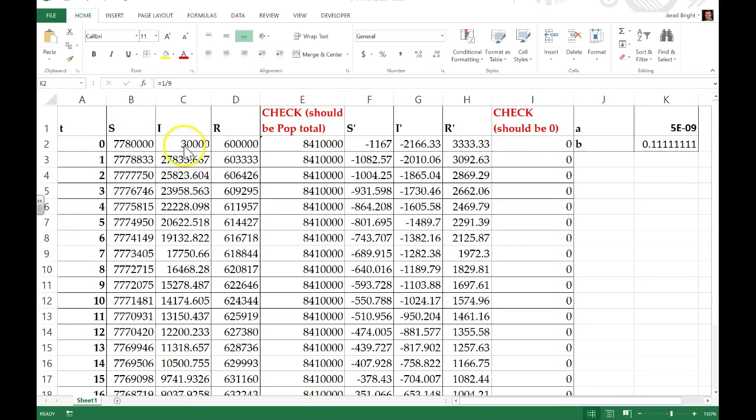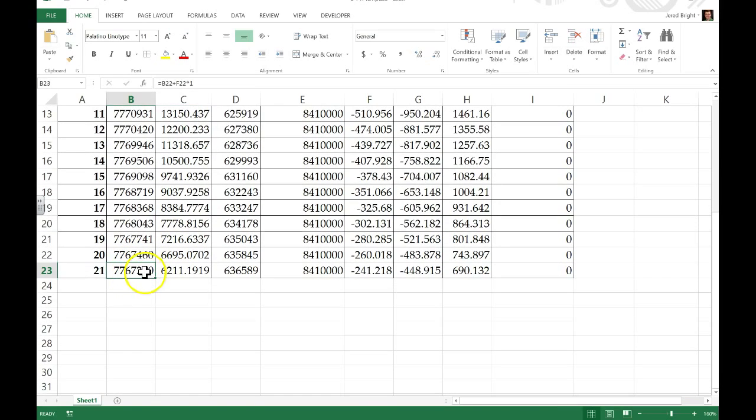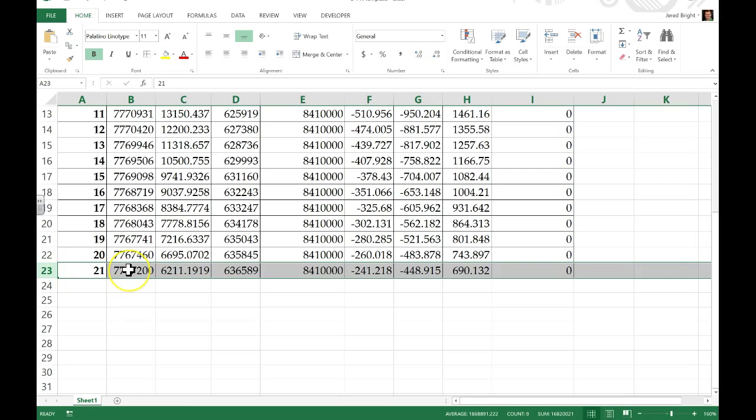Okay, so we're seeing 30,000, that number of infected is still increasing. The susceptible population, if you looked before at day 21, it was something like in the single digits remaining. Now we're up in the 7 millions. So it was fairly effective at reducing the rate at which the disease spread through the population.